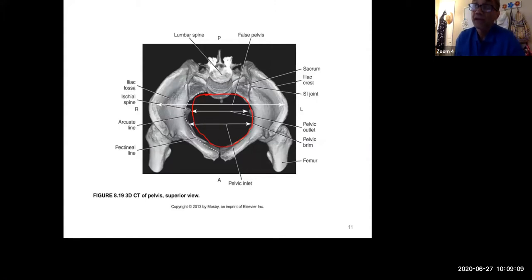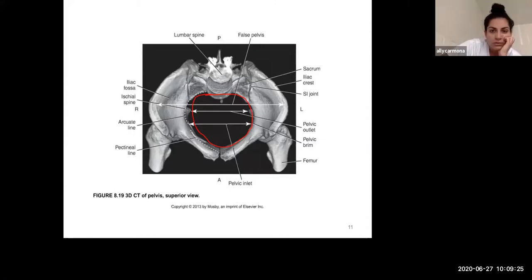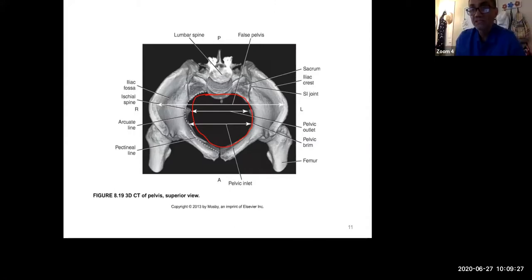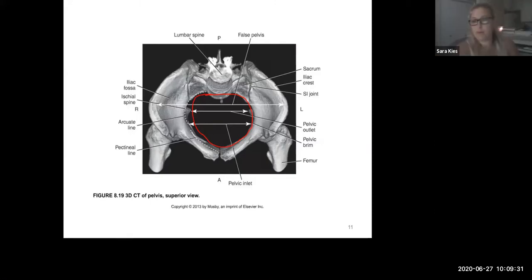What separates the true and the false pelvis, Mrs. Ali? What separates the true and the false pelvis? Tell her, Mrs. Sarah. The pelvic brim.